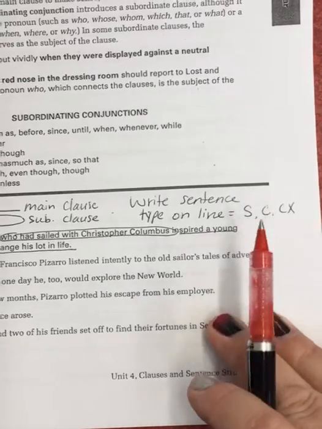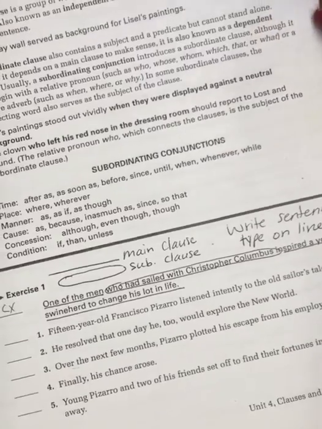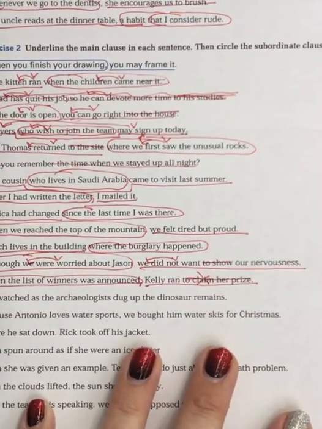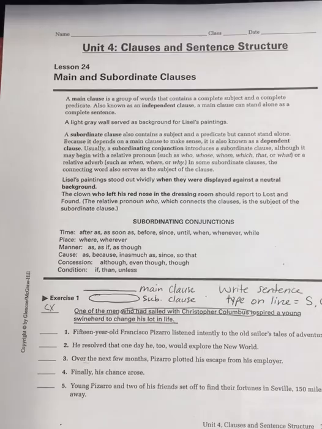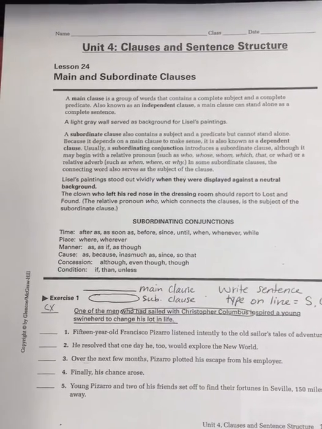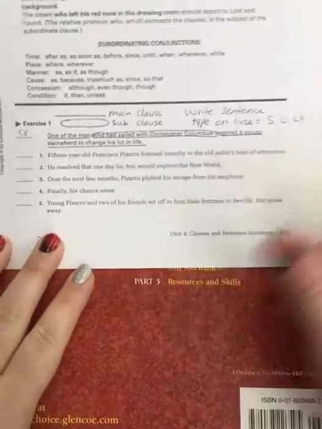On the worksheet we just practiced, every sentence was complex. We knew that going in. This one has some simple, some compound, and some complex. So this is adding a layer of knowledge to what we just practiced. Not only do you need to decide where the main and subordinate clauses are, you also have to determine what type of sentence it is.